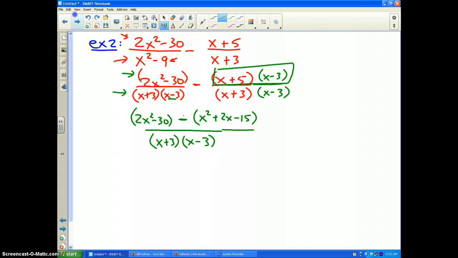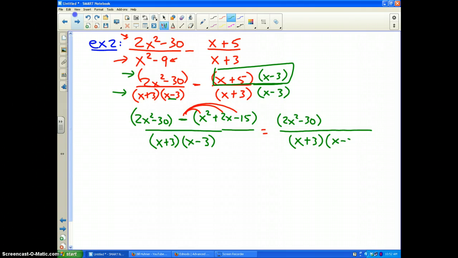Now I got to distribute. My minus sign has to be distributed, which is going to give me parentheses, 2x squared minus 30, over parenthesis x plus 3 times x minus 3. And now when I distribute that minus sign, I'm going to get minus x squared minus 2x plus 15.